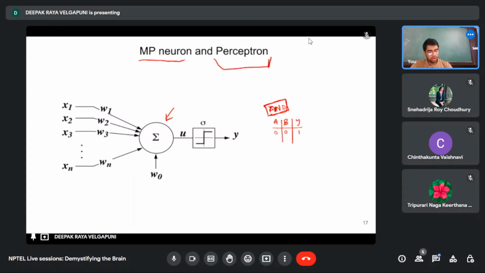How to do that is, you have a y, the actual output, and let's say a target t. The main aim of this feedback is to reduce the difference between these two.